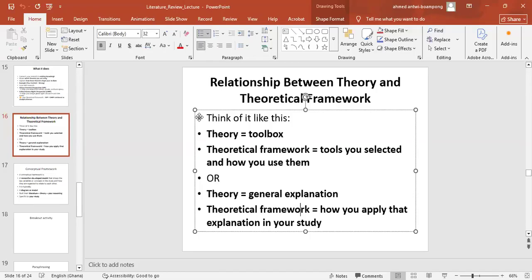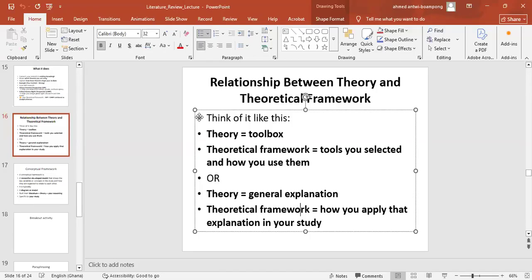By way of showing that your work is not random, right? It positions your study within a certain academic debate. And it also helps to justify your arguments, such that the claims you make will not be attributed to your personal opinions, but it helps you to ground your claims in theory, because the frameworks are generated out of theories, right?